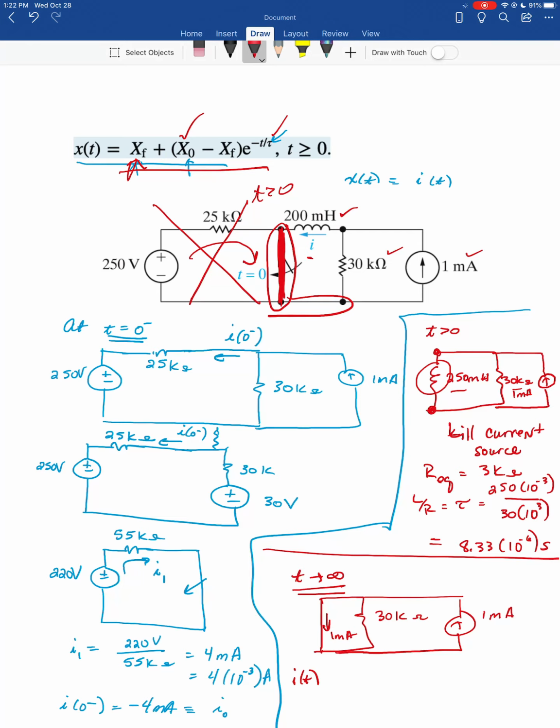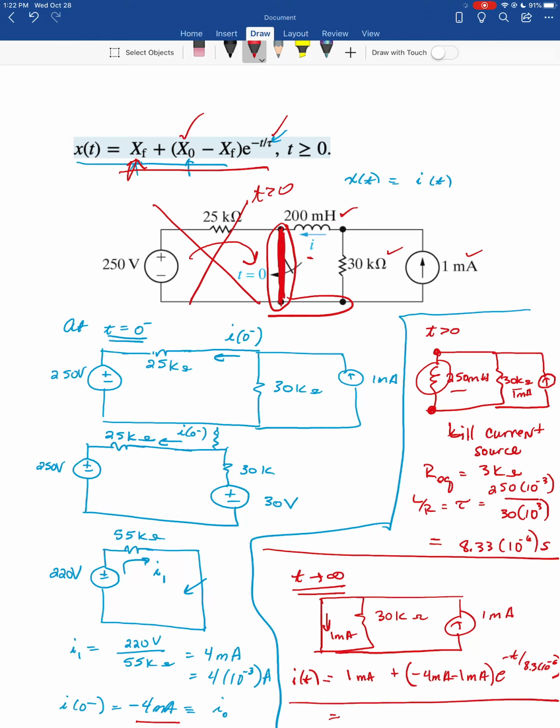So now I of t, plugging into this formula, we take our final value, which is 1 milliamp. We add our initial value, which was minus 4 milliamps, minus our final value, 1 milliamp, times e to the minus t over tau, which was 8.3 times 10 to the minus 6.